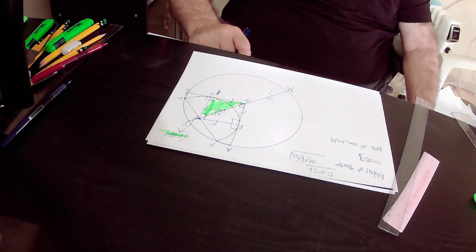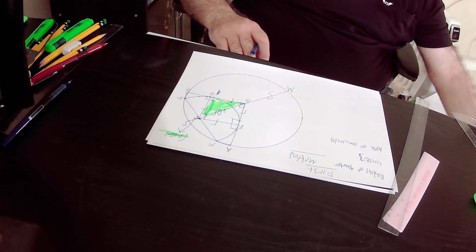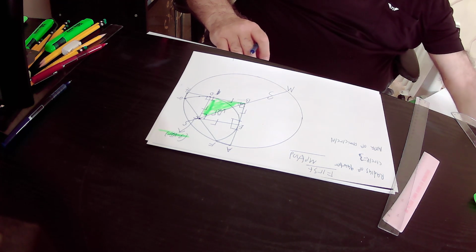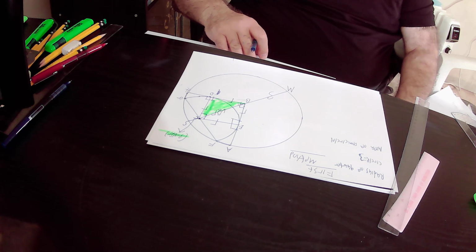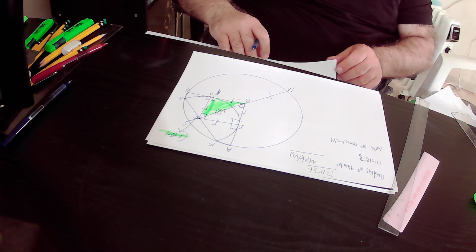And we have another rule that is related to two chords that intersect with each other inside a circle.